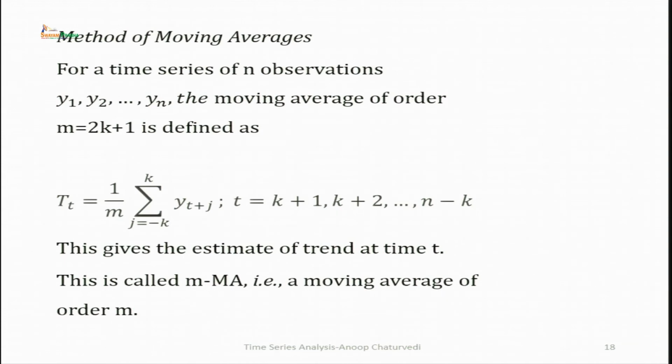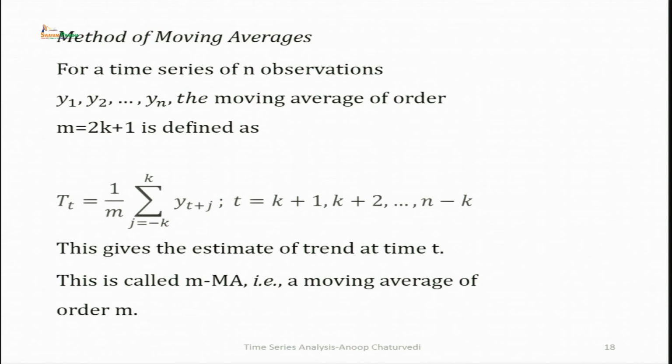The moving average of order m, which is equal to 2 k plus 1, is defined as T t equal to 1 upon m times summation j equal to minus k to k y t plus j, t equal to k plus 1, k plus 2, so on up to n minus k. Now, this gives you the estimate of trend at time t, and this moving average is called the m moving average, that is a moving average of order m.